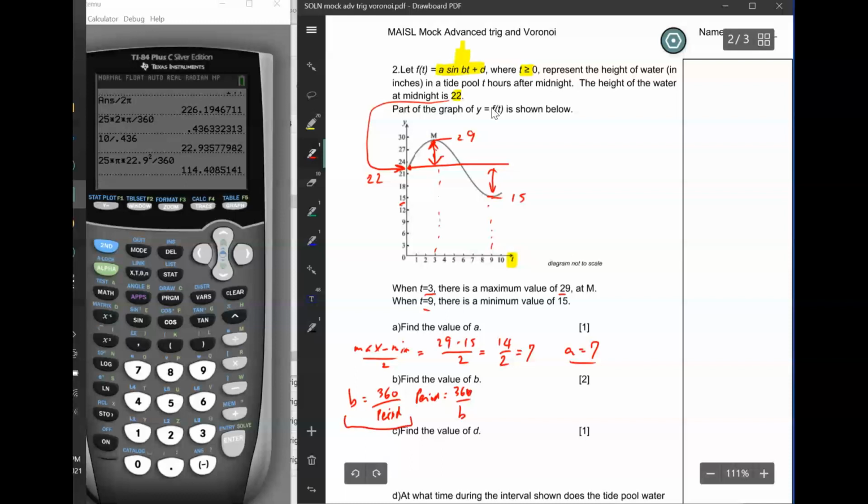What is the period in this case? The period would be the width of the function from beginning to end. Unfortunately, this is not the end of the function. It should go up a little bit more, and we can't really see how far it's going to go after we cut off the graph.